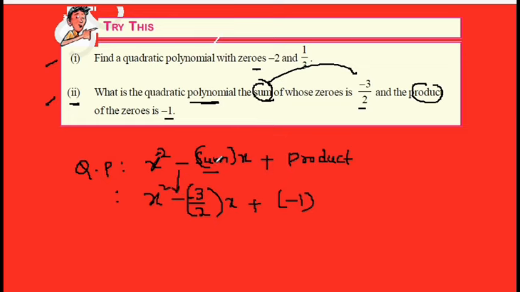Formula minus I am writing as it is, sum value minus 3 by 2 I am writing as it is. So don't get confused, students. And plus product is given as minus 1. I am replacing product value as it is. Moving on to the next step, x square minus into minus is plus 3 by 2 x plus into minus is minus 1. So this is the quadratic polynomial with sum minus 3 by 2 and product minus 1.